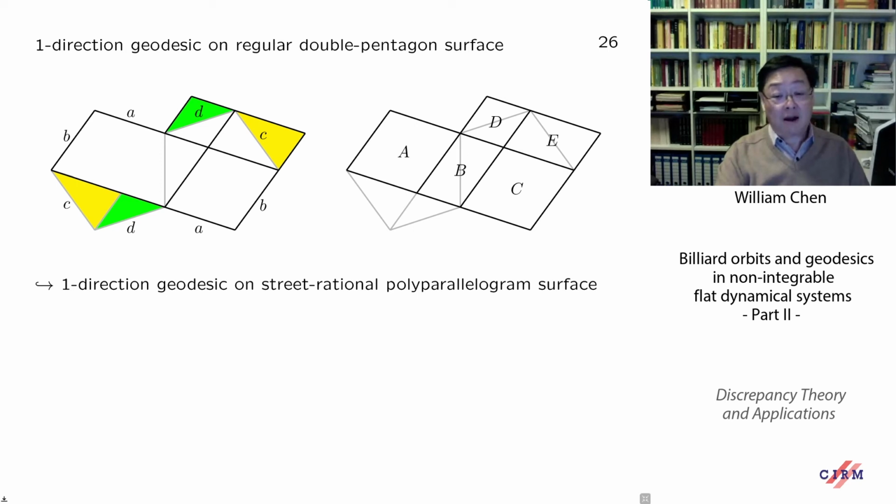Now, it's a mouthful saying polyparallelogram surface, but really it is just a polyrectangle surface in disguise. We've just twisted it a little bit, that's all. So we just visualize it as a street rational polyrectangle surface. There's no difference between the one and the other.